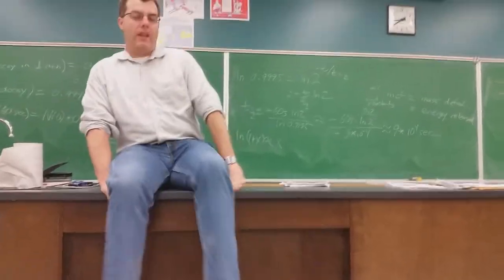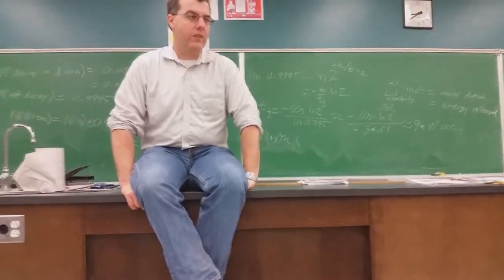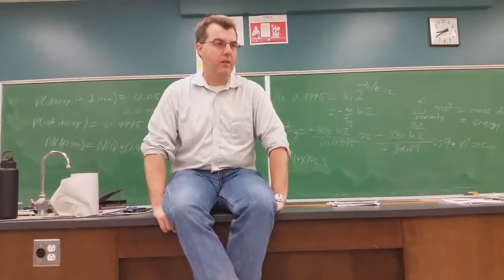Symmetric. Now that doesn't mean that psi squared is symmetric, so the square root of psi squared could either be even or odd, but psi squared has to be even.